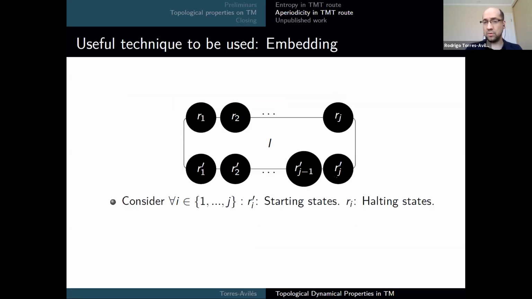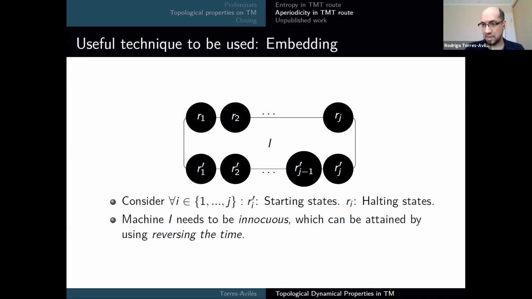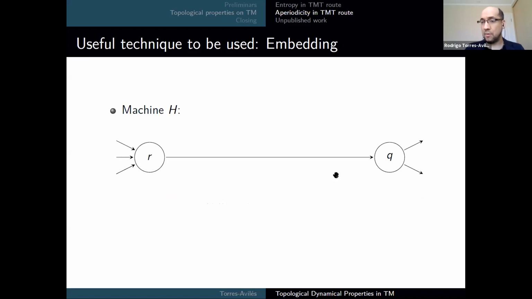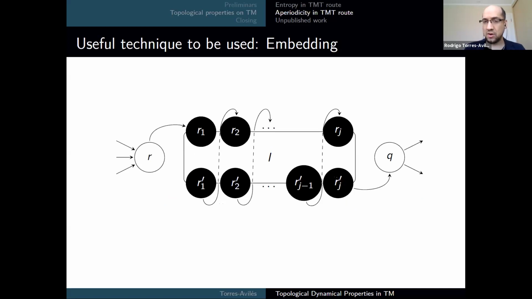Before continuing, I want to present another and the last interesting technique, called embedding. Embedding needs innocuous machines, machines that do nothing. When we have a complete machine that is called the host, and we have an instruction that goes from state R to state Q, we take out that instruction and connect the innocuous machine like this.